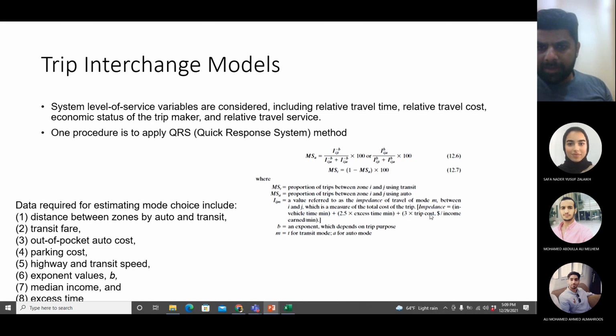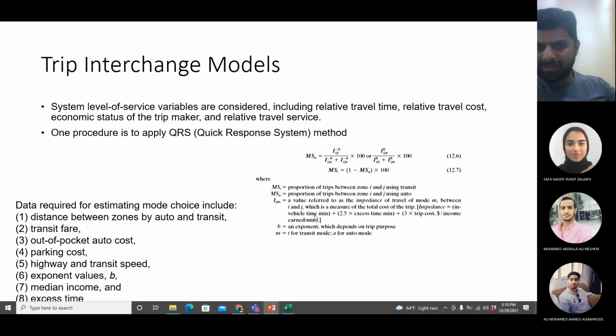The impedance can be calculated in this manner. They have already given an equation here: in-vehicle travel time in minutes, plus 2.5 times excess travel time (I already explained what excess travel time is), plus 3 times trip cost per income per minute. So this is how you calculate the impedance. It depends upon the in-vehicle time.